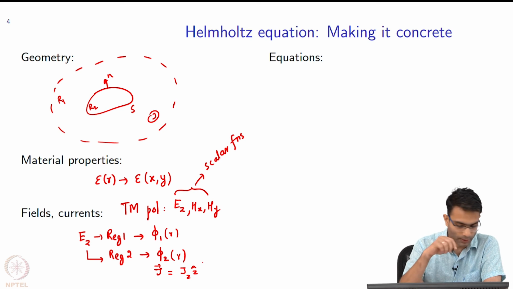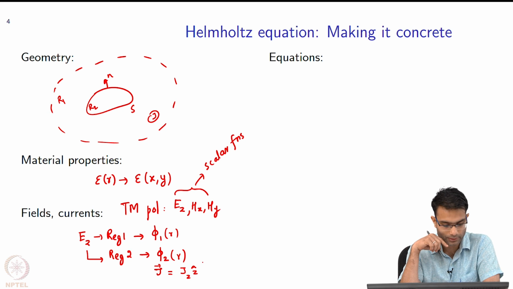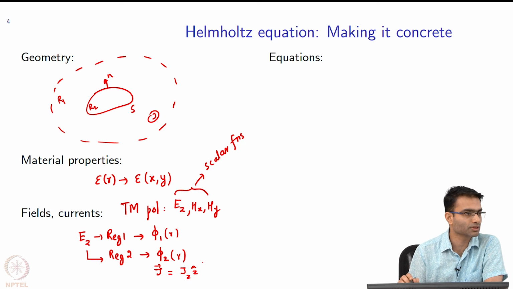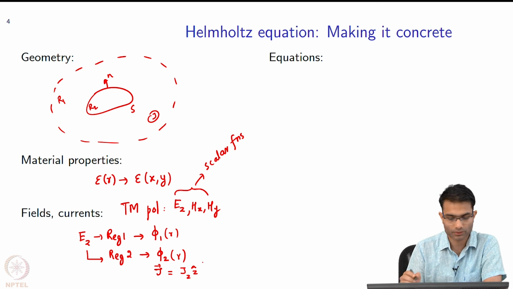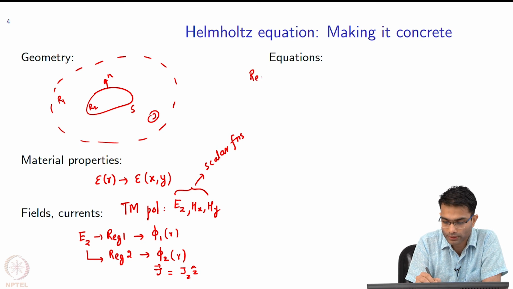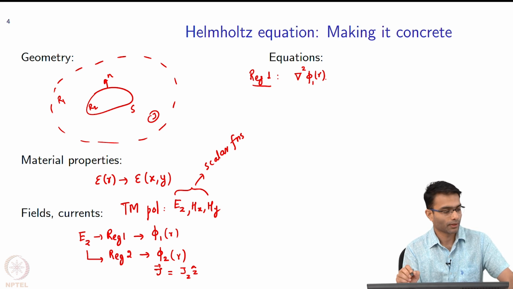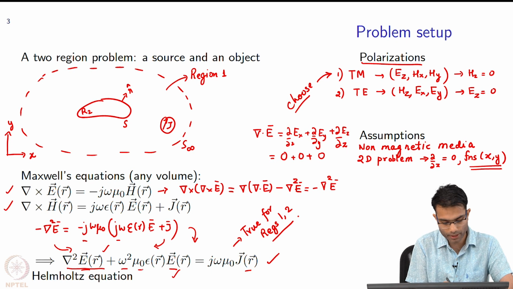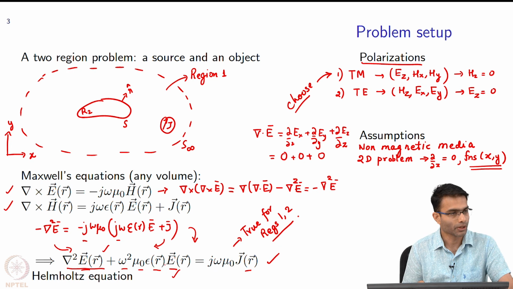All right. So, with these simplifications made in place, let us write down the Helmholtz equations for both the regions. Okay. So, region 1, first term was del squared phi 1 r, okay, and then you had this omega squared mu epsilon r, right.